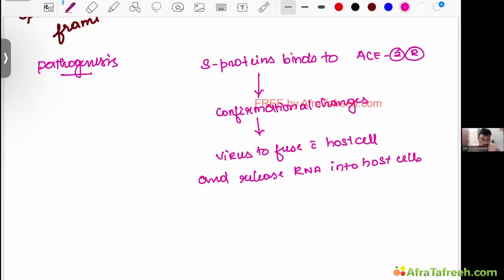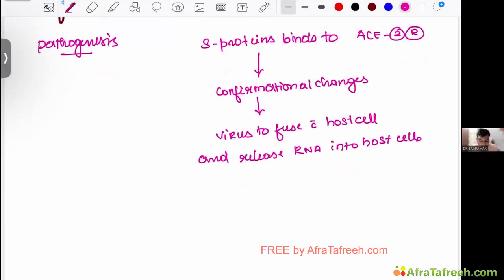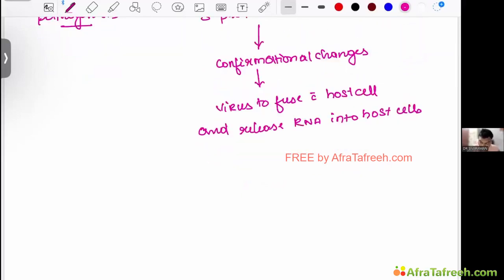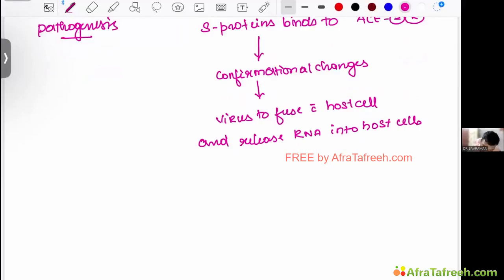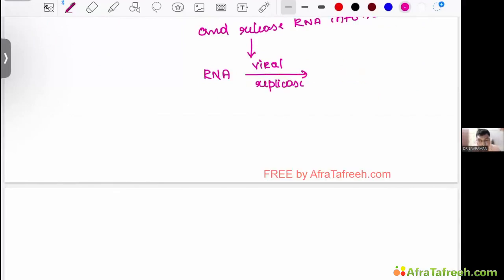So here what is going to happen is the virus will fuse with the host cell. When the virus fuses with the host cell, it is going to release the RNA into the host cell. And this RNA is going to be converted by viral replicase to polyproteins.